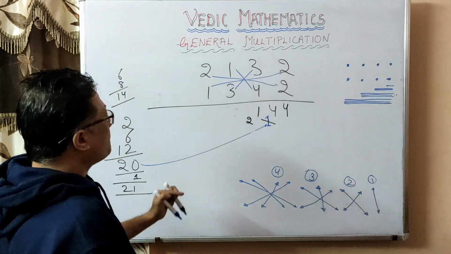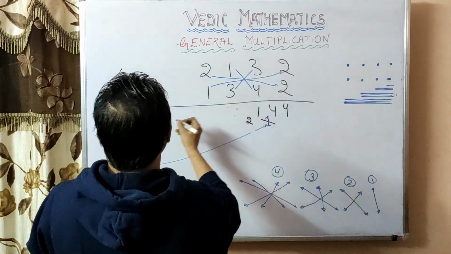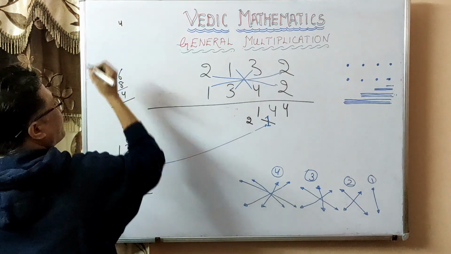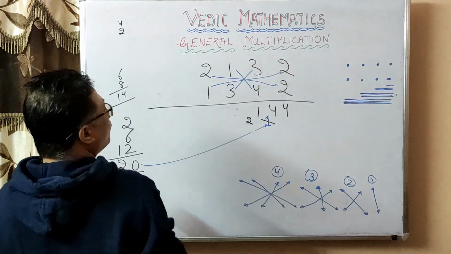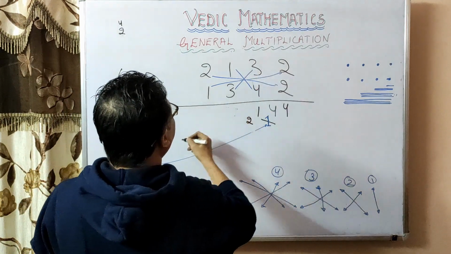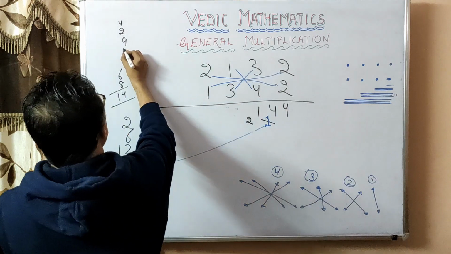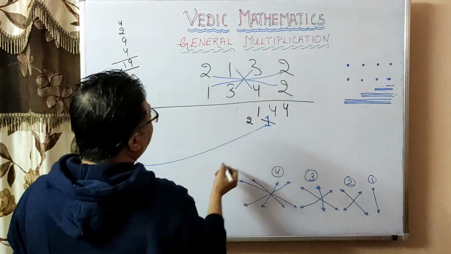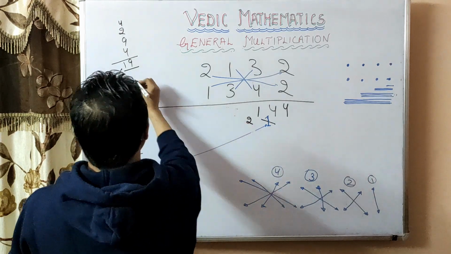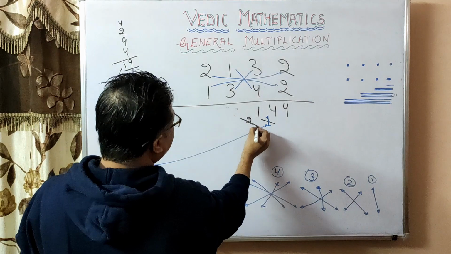So now, 2 2s are 4, 2 1s are 2, 3 threes are 9 and 4 ones are 4. 4 and 8 is 12, 10 and 9 is 19. Is there any carry forward? Yes. 2. So 19 and 2. I have carried this forward. So I cut this.